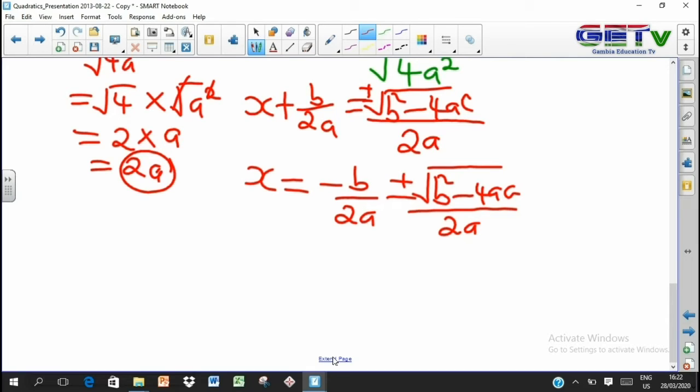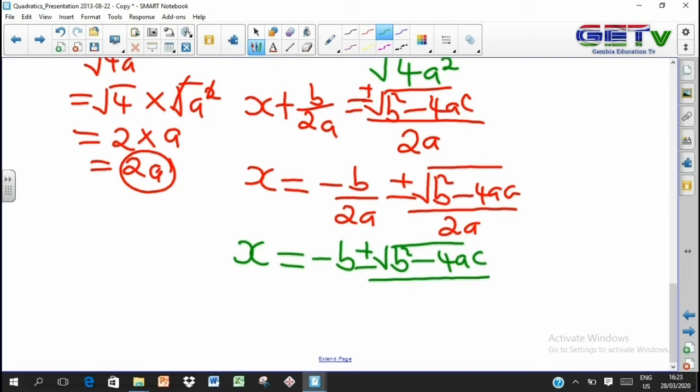So since they have a common denominator, you have the right to express this as x equals to minus b plus or minus the square root of b square minus 4ac all over 2a.